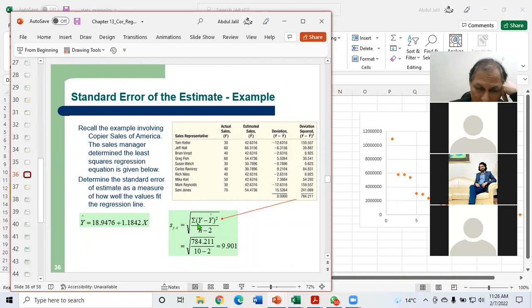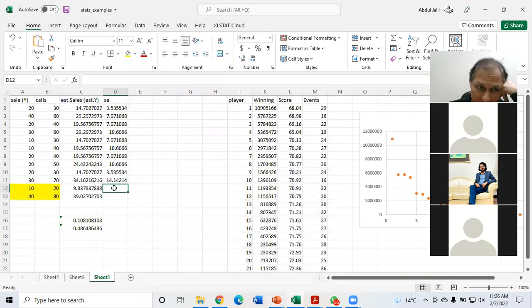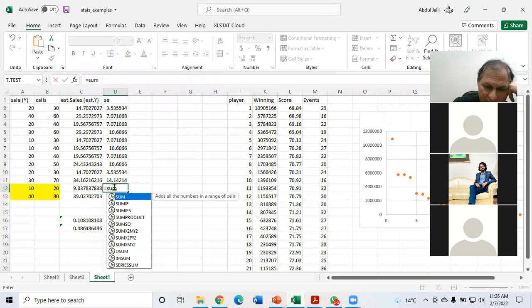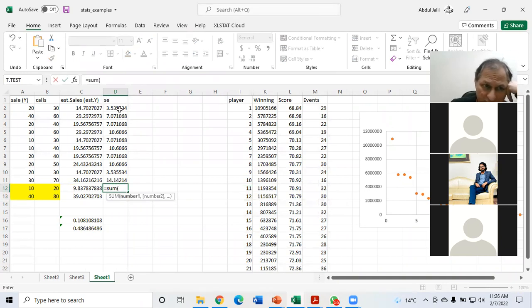So here you are going to calculate the sum of this, and then the sum of this should be this. So actually you need the summation, the sum of all the values whatever you have got here, and then you have to divide it by 8.